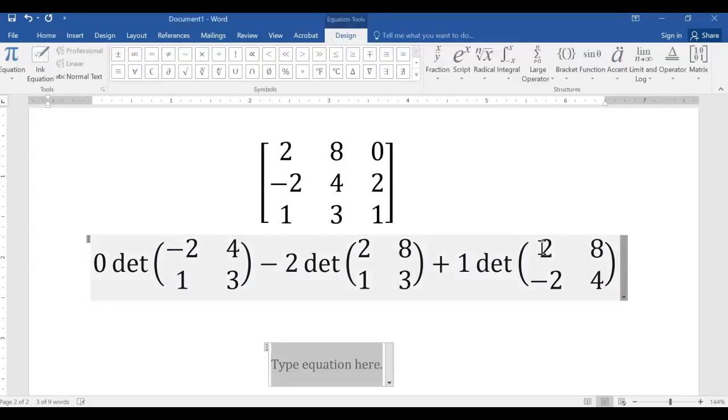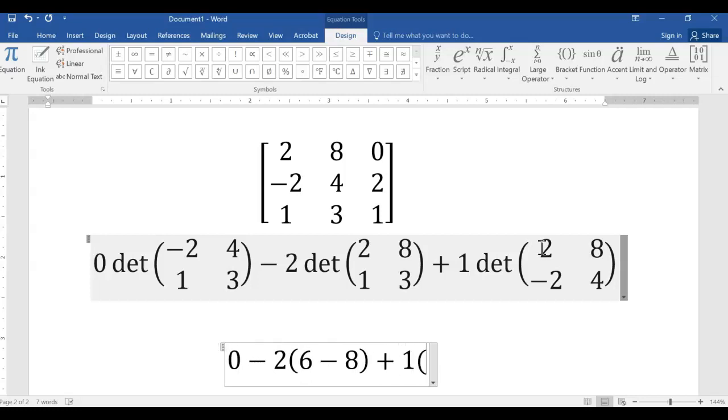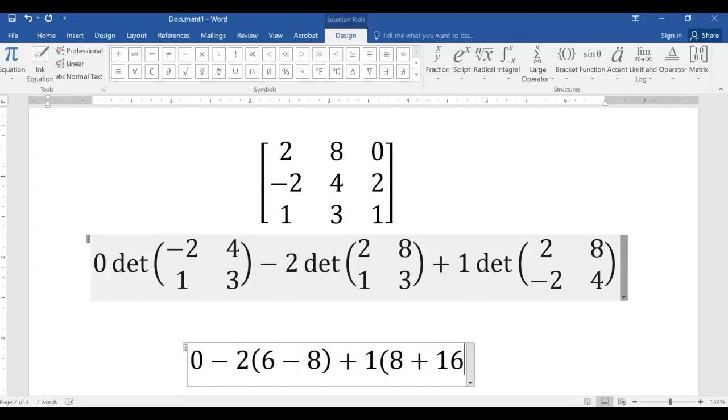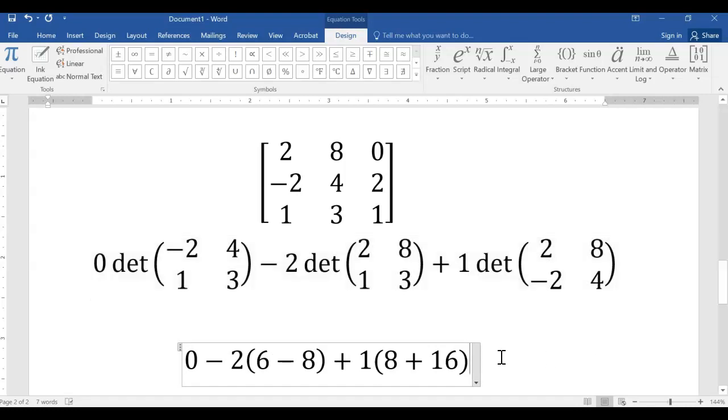Now that is going to be 0 minus 2 times 6 minus 8 plus 1 multiplied times 8 plus 16. All right, you can calculate that for yourself if you want to do that.